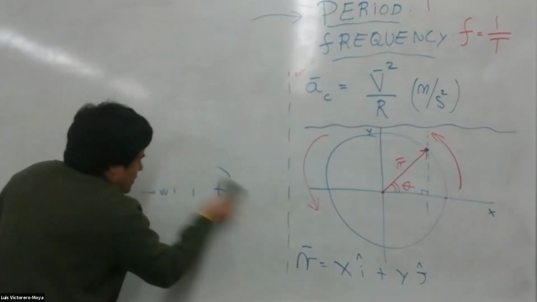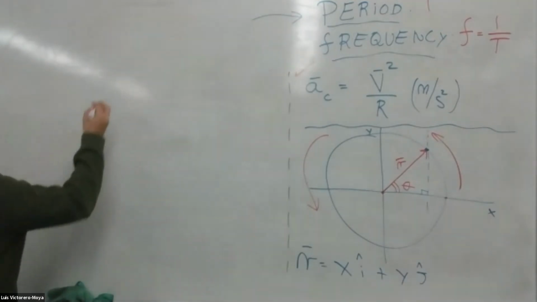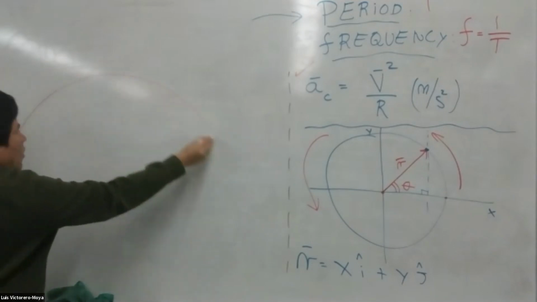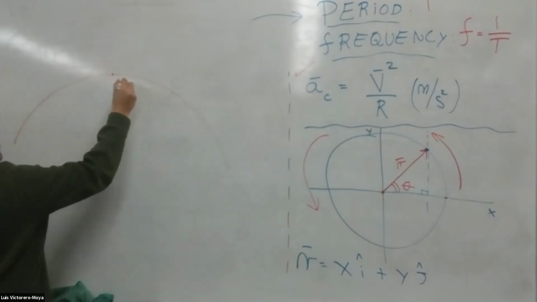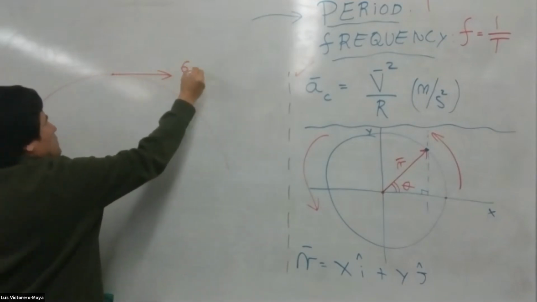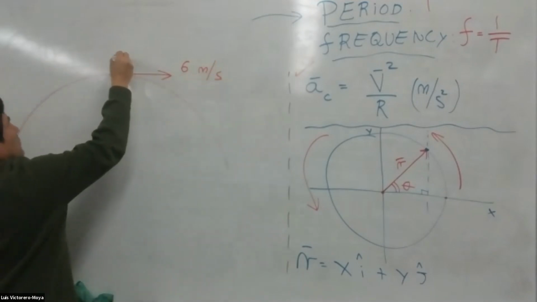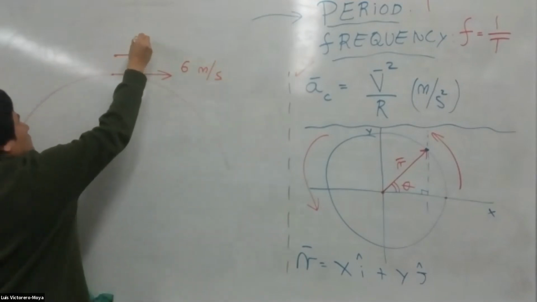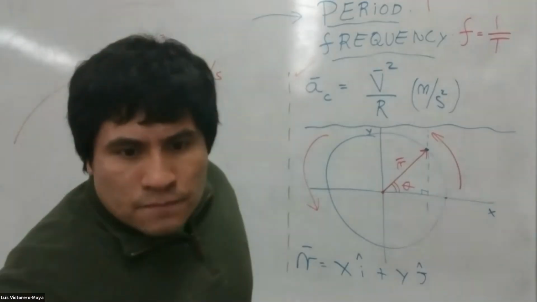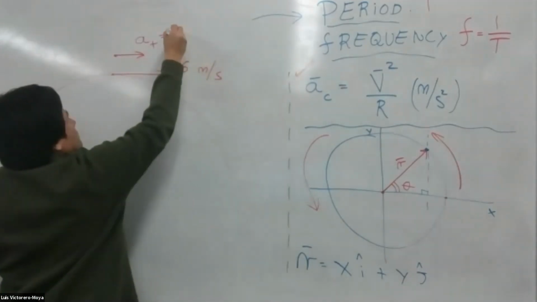Pretty much what they are telling you is that you have a particle that is moving in a circular motion, sort of, and you have 6 meters per second, but you also have a tangential acceleration of 0.3.